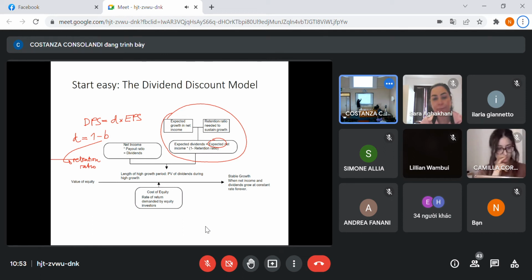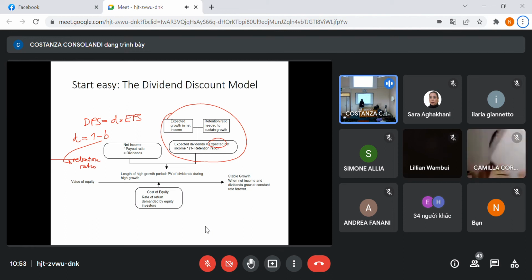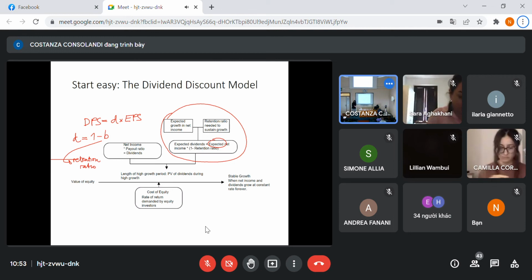D, small, is not capital letter D. D capital letter is debt. D non-capital letter is payout ratio. Payout ratio, as I said, is 1 minus retention ratio. Okay? Because of 100% net income, part will be paid out as dividend, part will be retained.